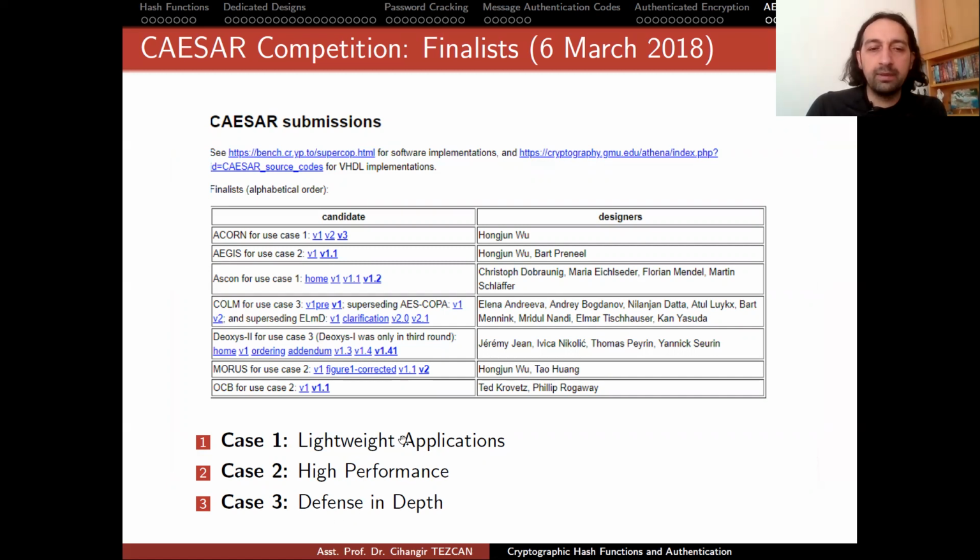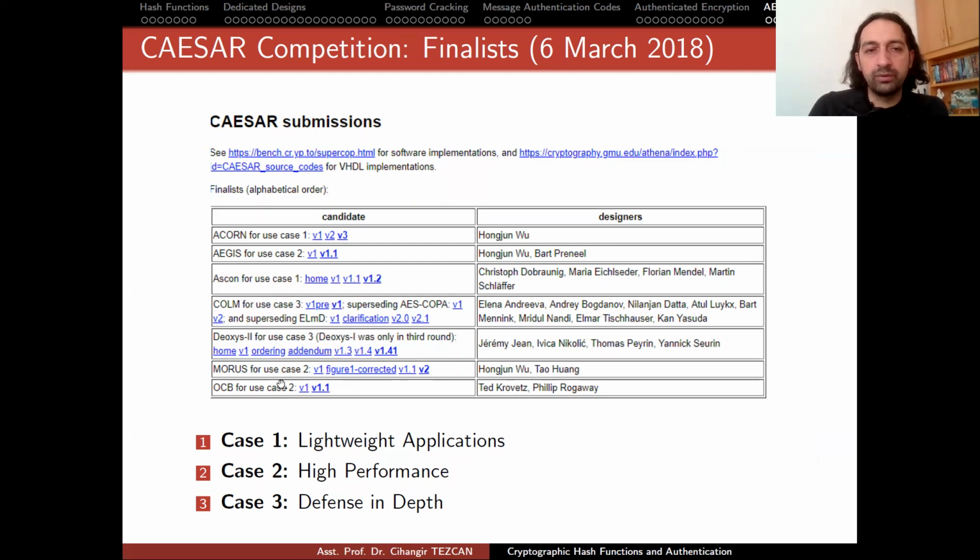For lightweight applications, 2 algorithms were selected, Acorn and Ascon being the first choice. For use case 2, we have AEGIS, MORUS and OCB. And for defense in depth, you have COLM and Deoxys.